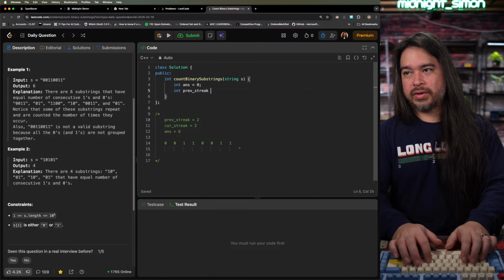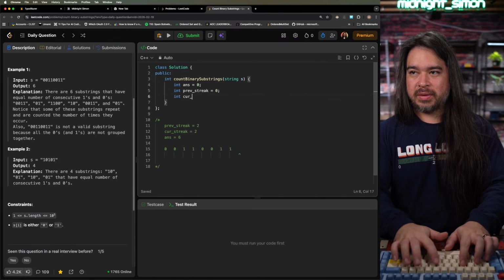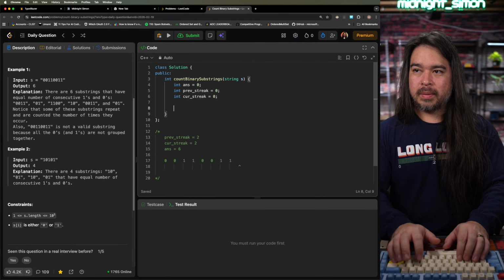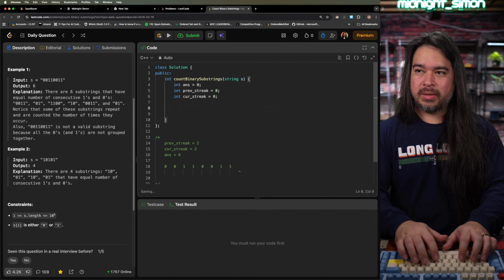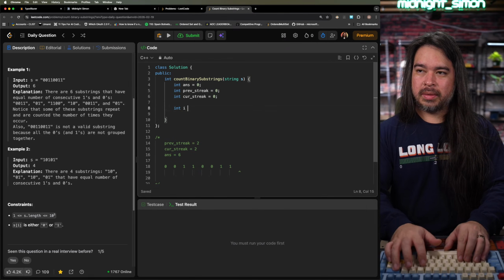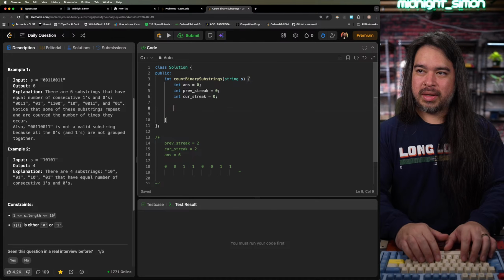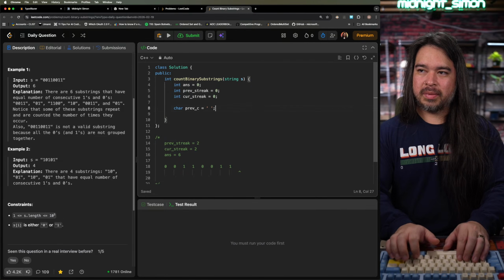So previous streak, I'm going to say 0. And now I will iterate through each character, but maybe I'll do it like this. Previous character is something.